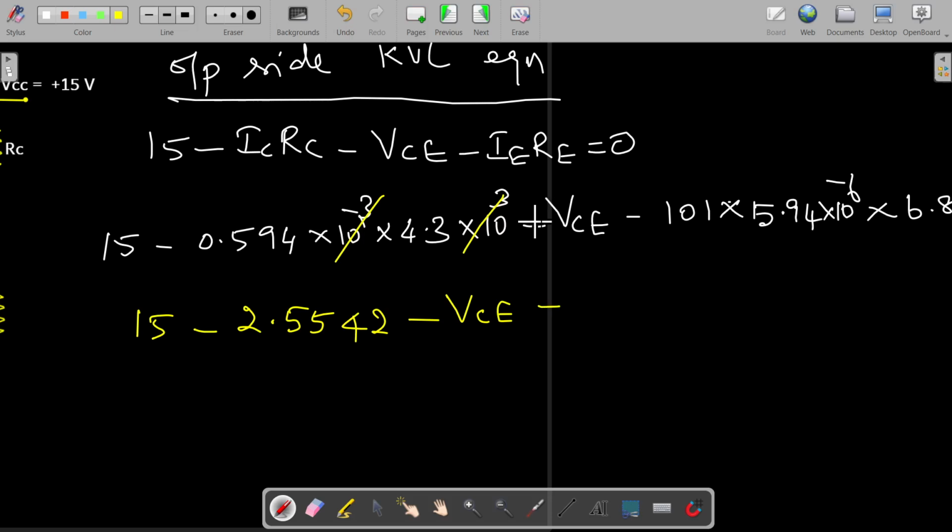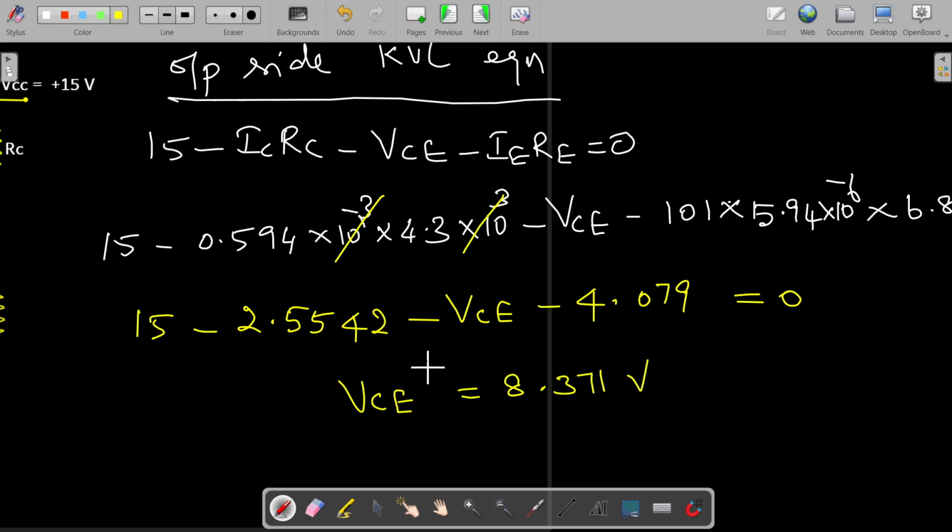So there we get this as 4.079. That is equal to 0. So from this we'll get the answer for this VCE as 8.371 volts. So this is our second required answer.